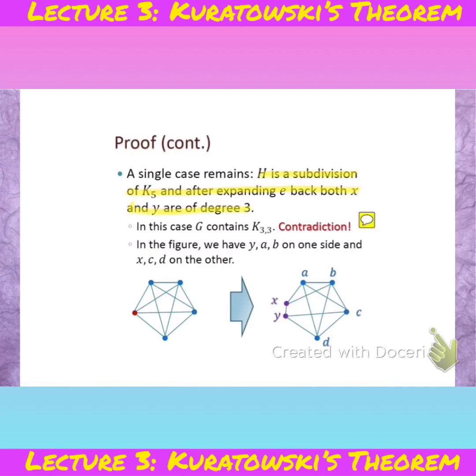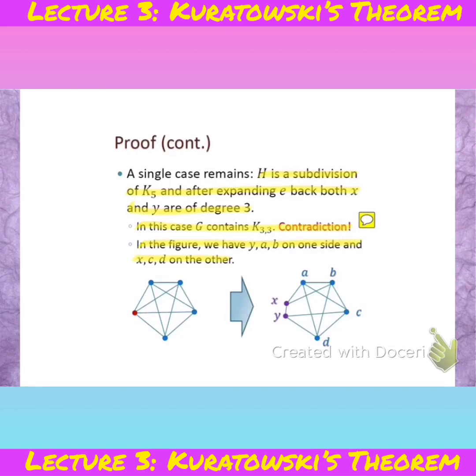Now, in this case, G contains a K33, which is a contradiction. We illustrated how that works. So again, as I said, in that figure you can form two partite sets, and you can see that you have a K33.